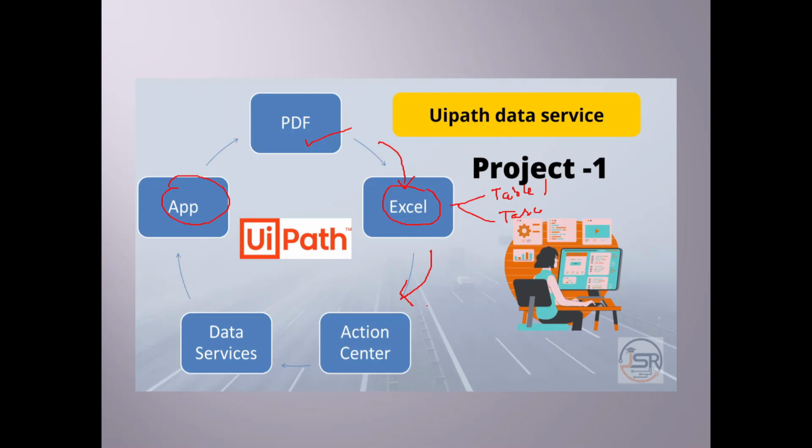Once the user takes an action on the task which we assign to the user, then that data will go to the Data Service. So in the Data Service, we have two tables, table consignment and table secondary. We use these tables in the Data Service to build our app.